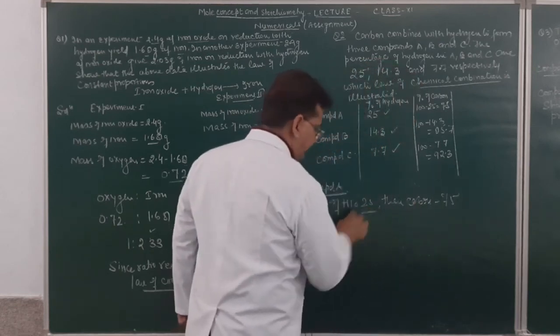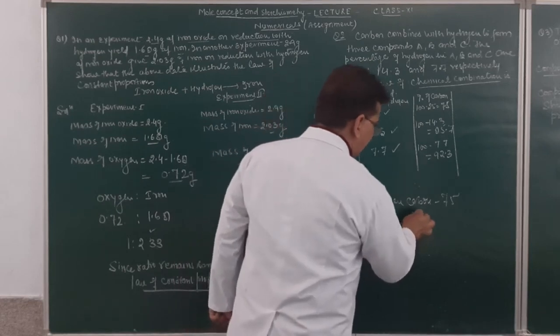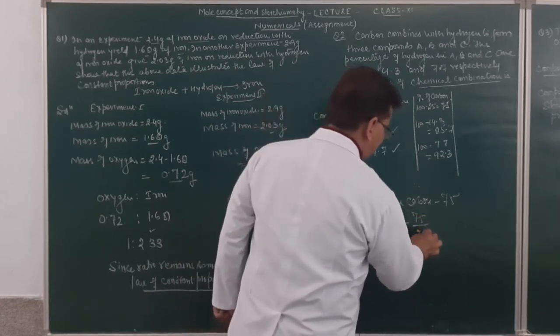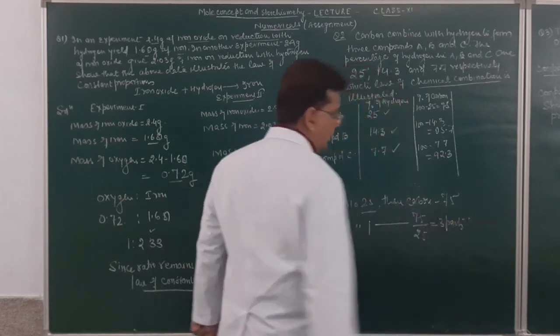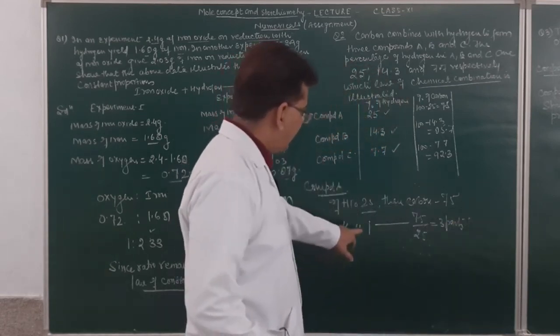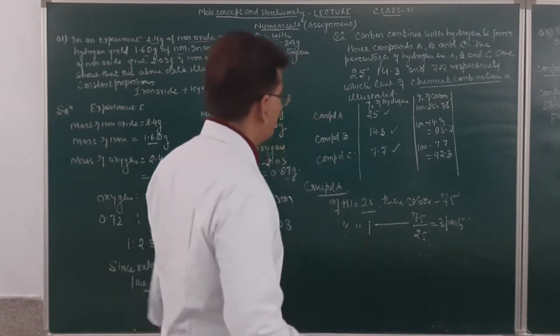Let me fix the mass of hydrogen. If hydrogen is 1, then carbon will be 75 upon 25. It will be 3 parts. Am I clear? What have I done? I am going to fix the mass of hydrogen in every experiment.